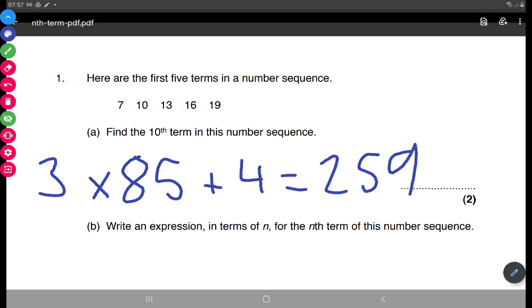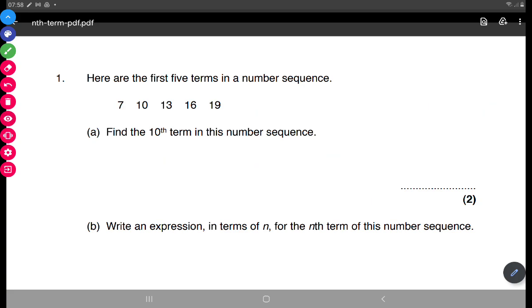So the 85th number in that sequence, if I was to carry on going, would be 259. Okay? That saves you having to write that sequence out with 85 numbers in. Very clever, really. Okay, let's move on to the next question.